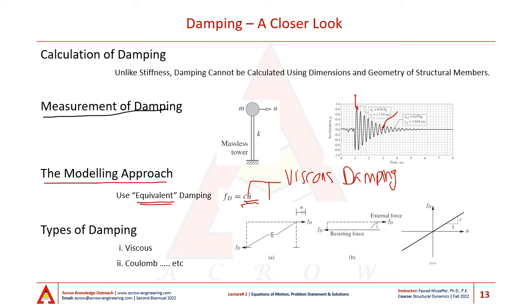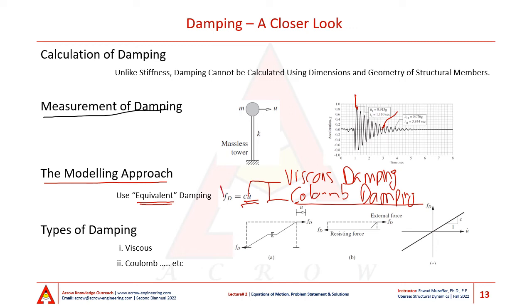But there is another type of damping called Coulomb damping, and Coulomb damping is basically damping due to any frictional processes. We will not be considering Coulomb damping for the time being in our formulation.